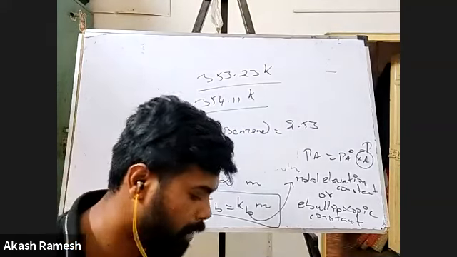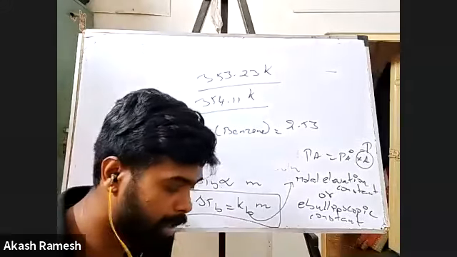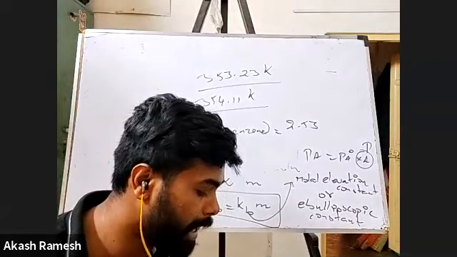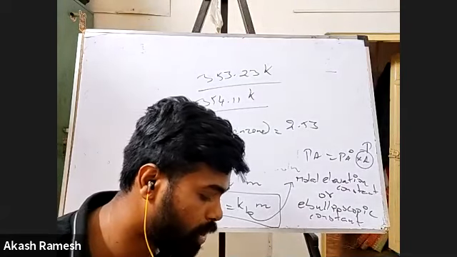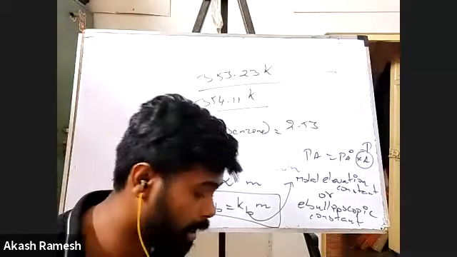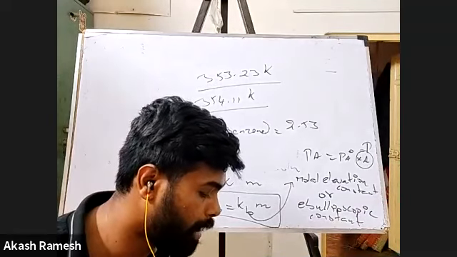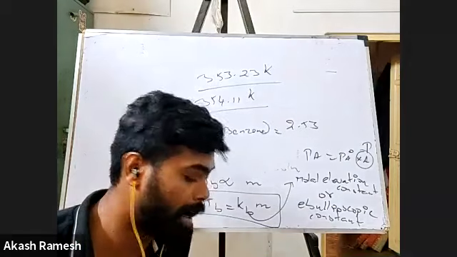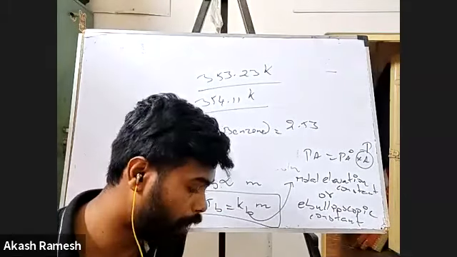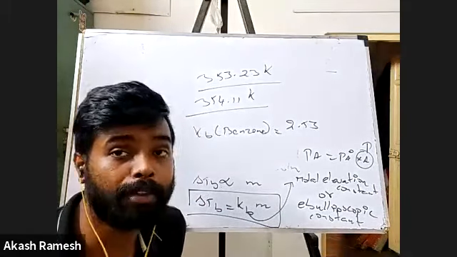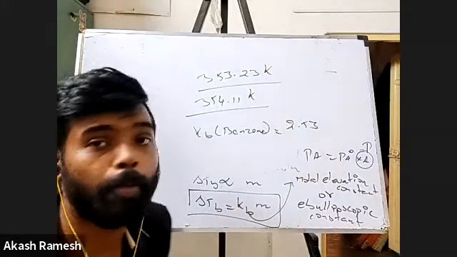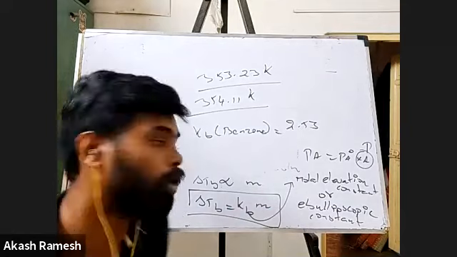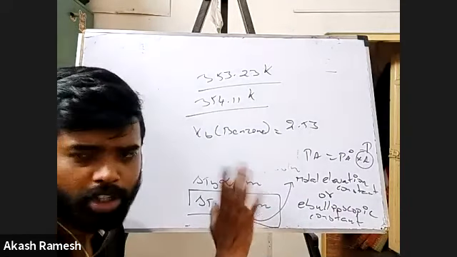I'll repeat the question. The boiling point of benzene is 353.23 Kelvin. When 1.8 grams of a solute was dissolved in 90 grams of benzene, the boiling point is 354.11. They're asking you, calculate the molar mass of the solute if Kb for benzene is 2.53.